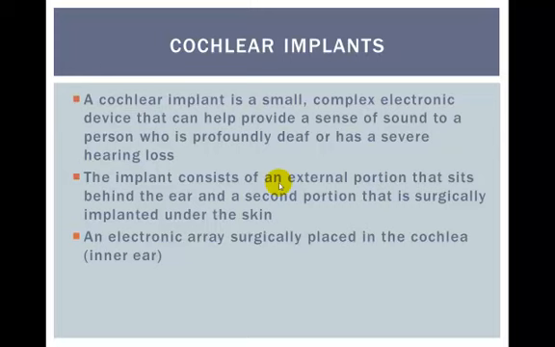The implant consists of an external portion that sits behind the ear, a second portion that is surgically implanted under the skin, and actually a third portion, an electronic array that is surgically placed inside the cochlea, or the inner ear. So there are really 3 portions to the cochlear implant.